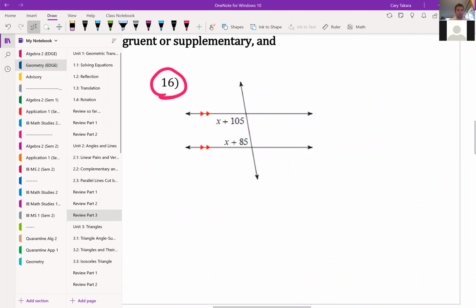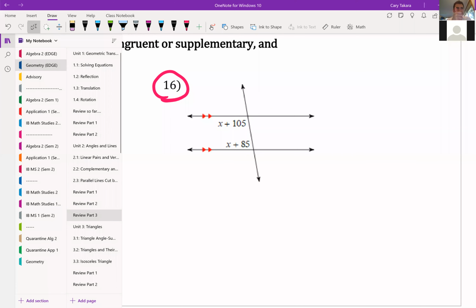I am going to ask you to name it and then solve for x. Okay, so let's begin. Number 16. Since the test is approaching quickly, I'm going to let you work on it all by yourself. I want you to name it. If you cannot figure it out, then just do as much as you can. And then we'll go over it in 2 minutes, okay?